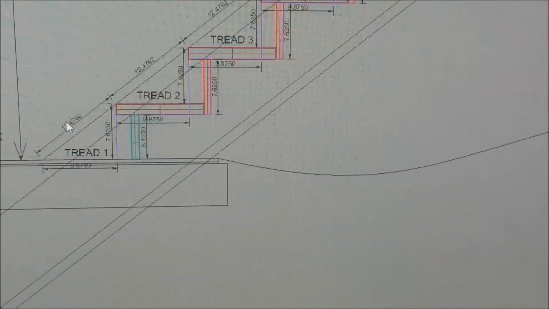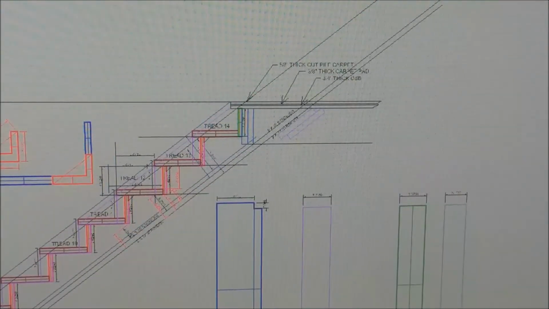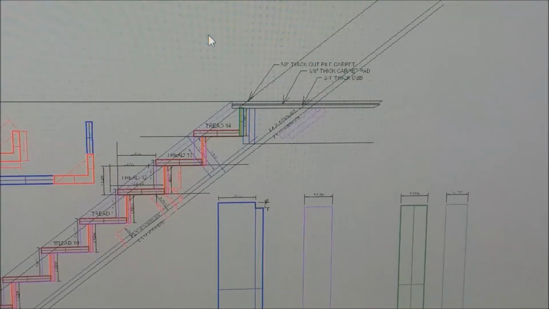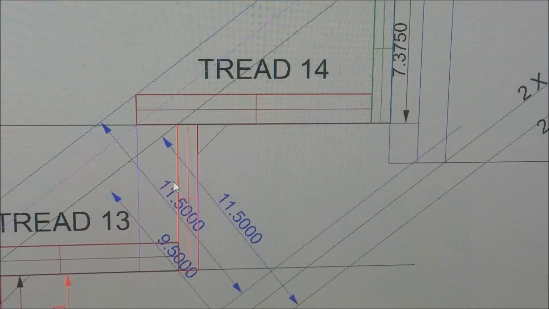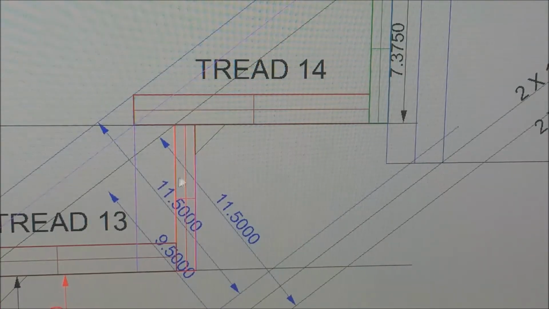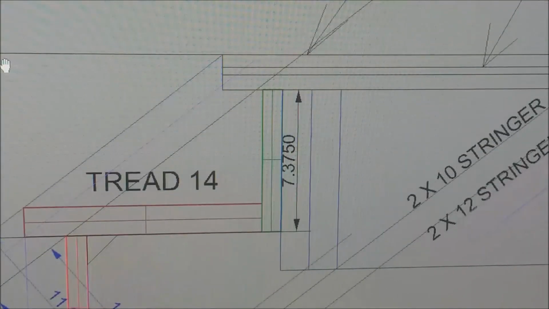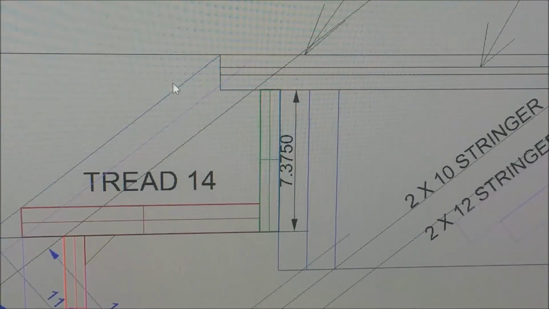Now, if we go to the other end, this is the one that's jumbled up with carpet and everything. Well, it would be if I put it down where you could see it. Same deal up there.